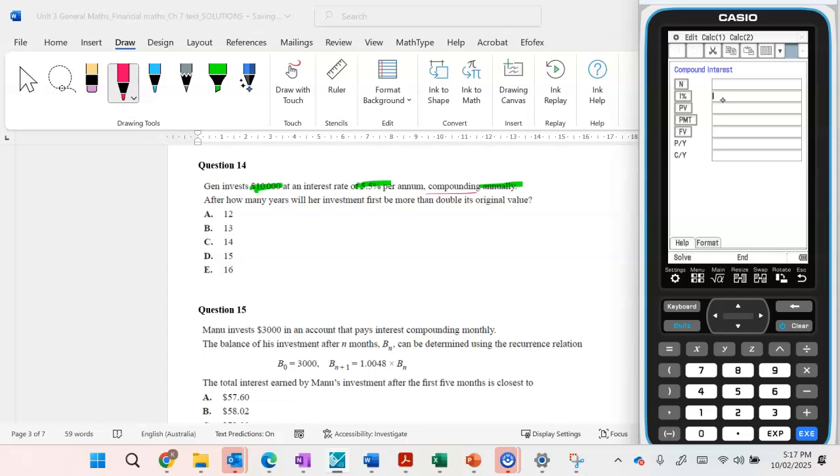So I'm going to leave N blank. Our annual interest rate is 5.5. Remember, we don't have to calculate that unless the word effective has been used anywhere. We just assume it's the nominal interest rate. Now, if you're investing money, it's going to the bank, so that's going to be negative 10,000. We're not making any payments.